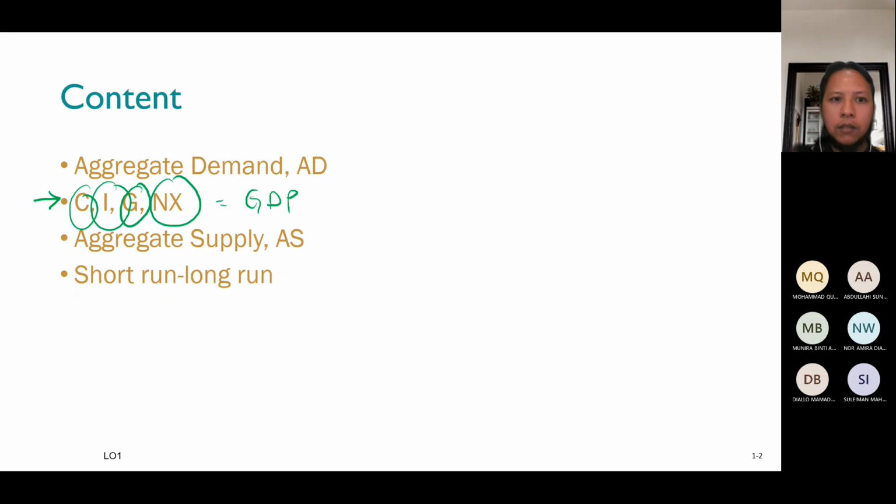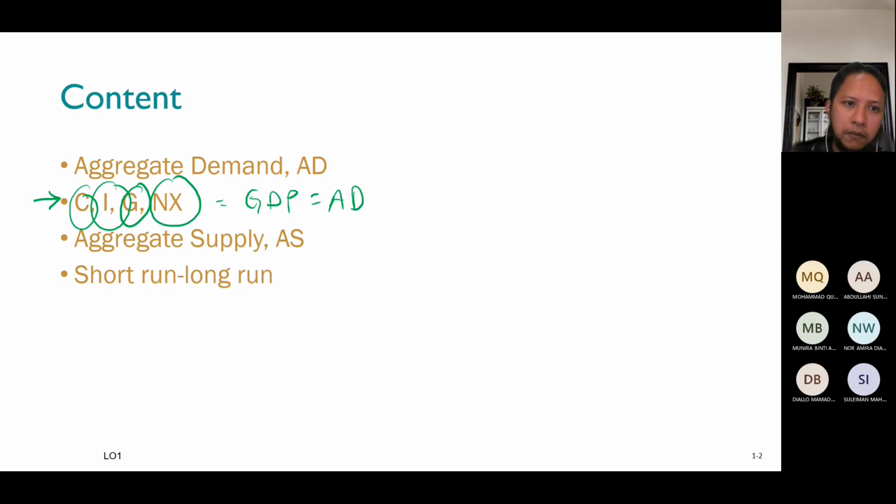And therefore, when we learn about aggregate demand, you can say that it is similar to GDP, because GDP is just a representation of how much is being produced in a country, and what is being produced usually has a demand, right? So when you add all that together, you can say that AD is also GDP. So there will be many times where GDP and AD will be interchangeable. Okay, so we will look at that later.